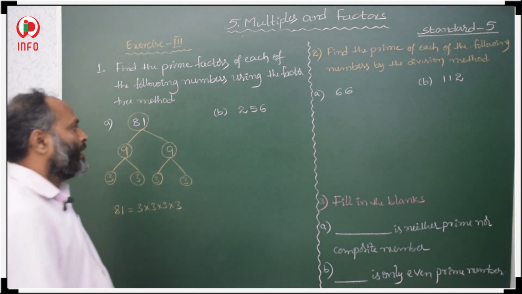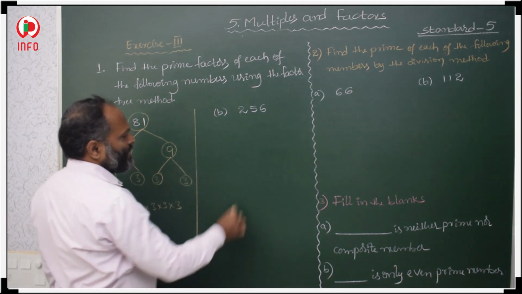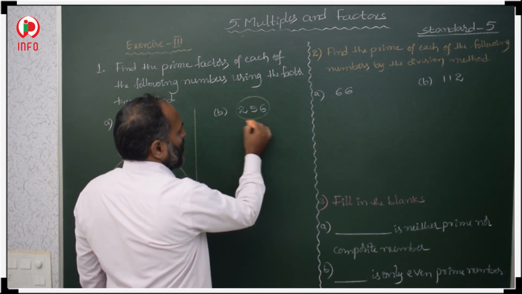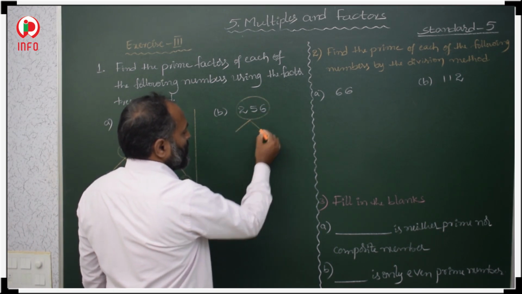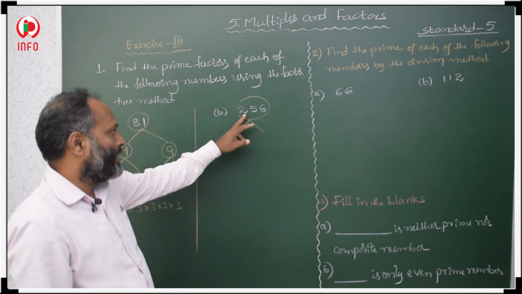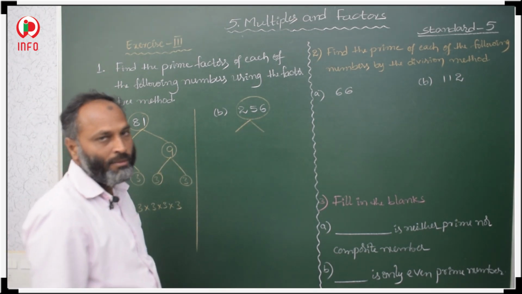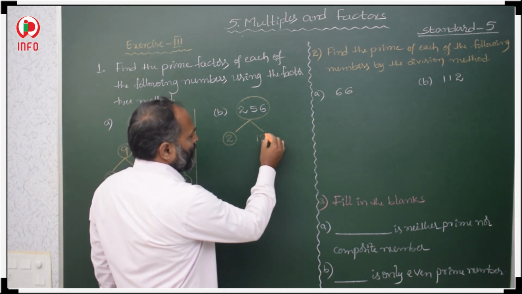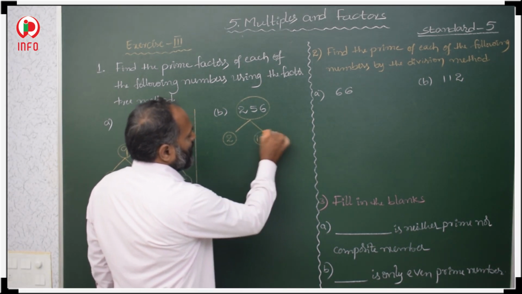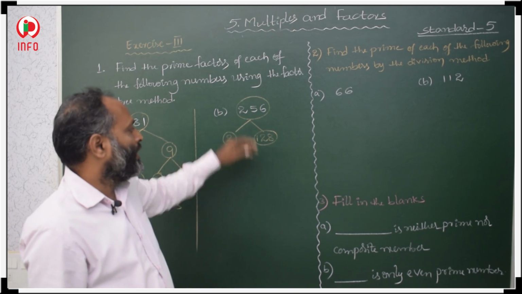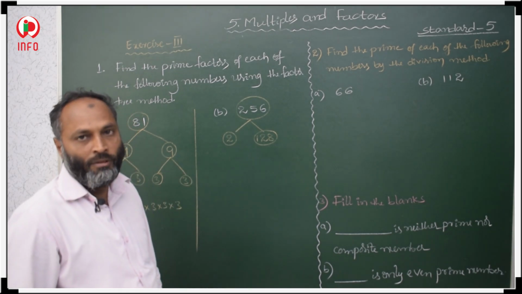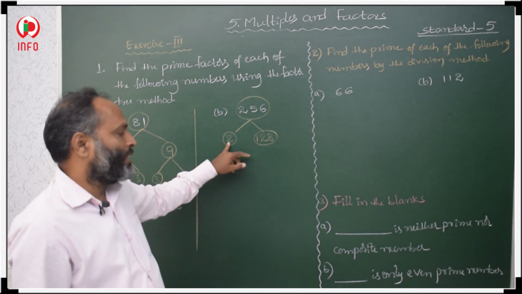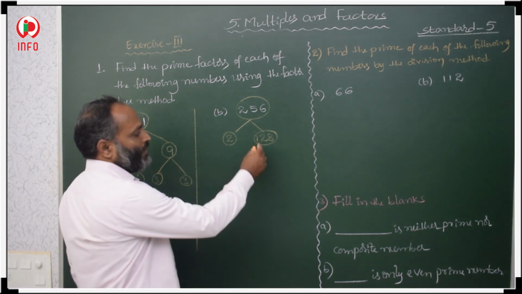Now 256. This is an even number, then how to split? First, this 256 is divisible by 2. 2 128s are 256. Again this 2 is a prime number, then we have to split this number 128.